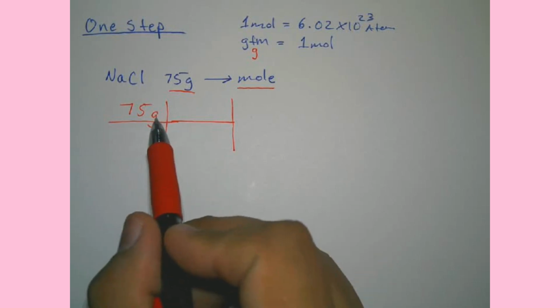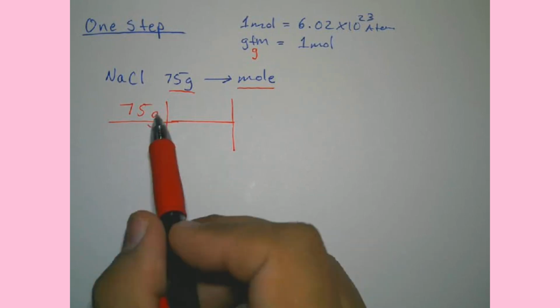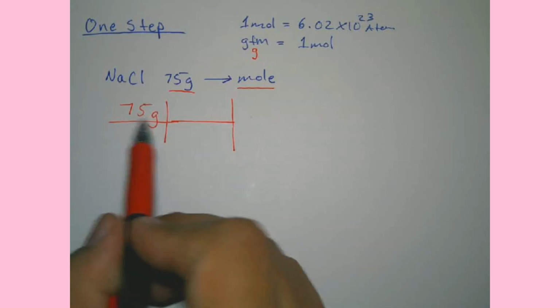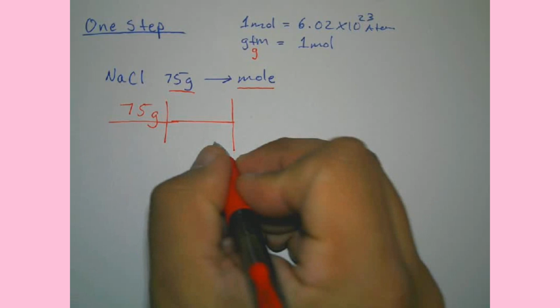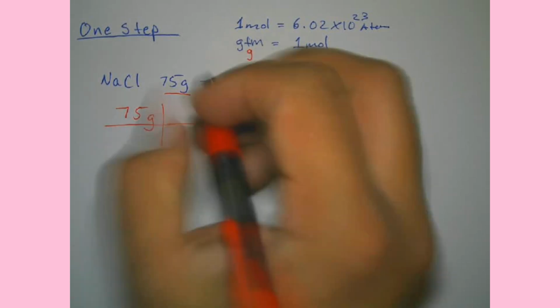Whatever's up here goes down there. Okay? Whatever's up here goes down there. So since I started off with 75 grams, I'm going to take this grams and put it down here. Boom. Okay? And where do you want to go to? Well, I want to go to moles, so I'm going to go to moles.